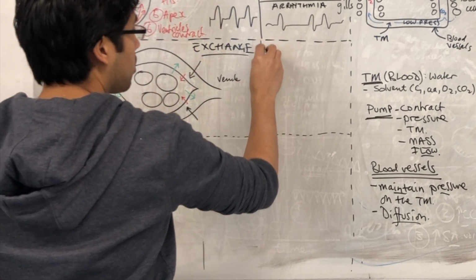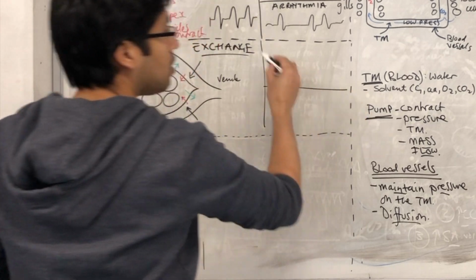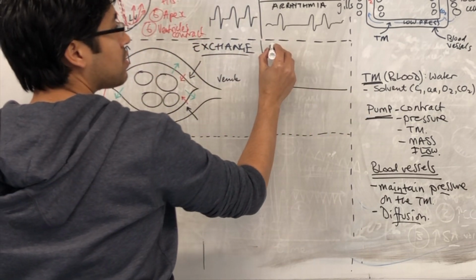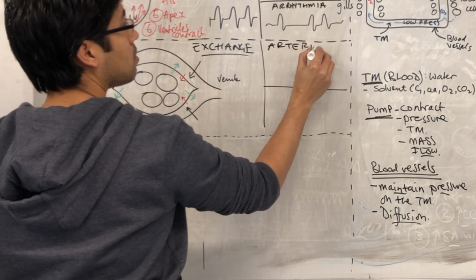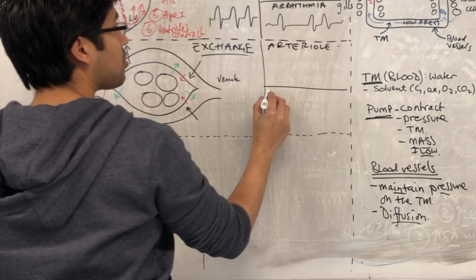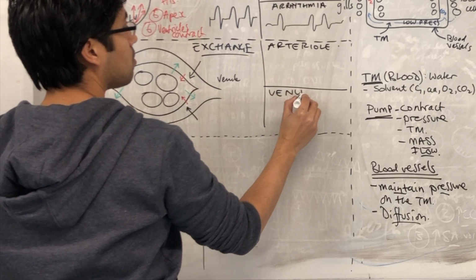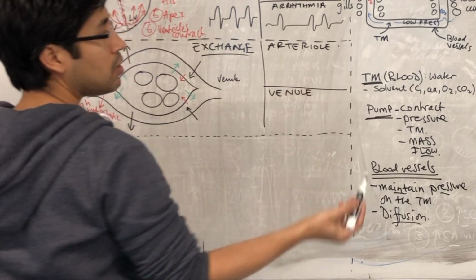If you want an easy way to learn it, what I'd do is just say, right, what's happening at the arterial end? And what's happening at the venule end?